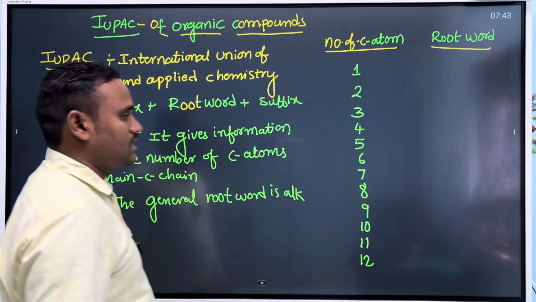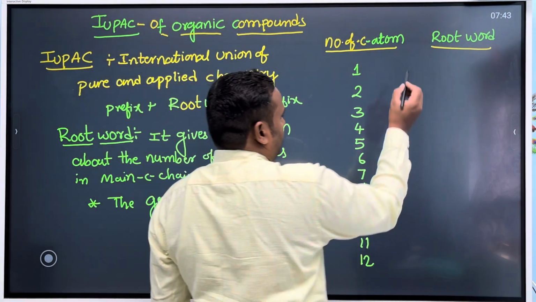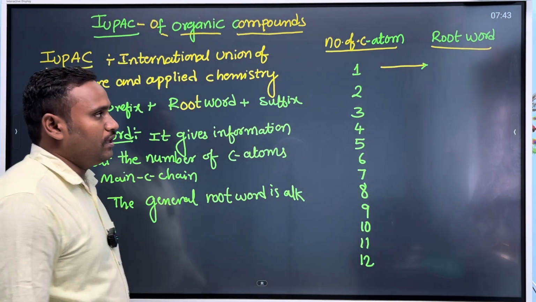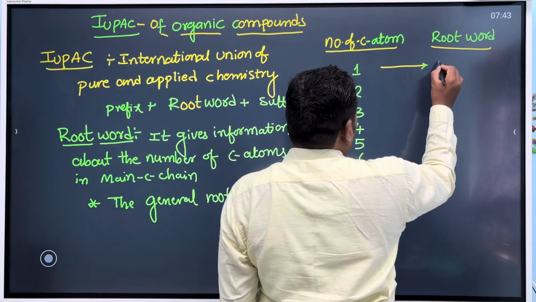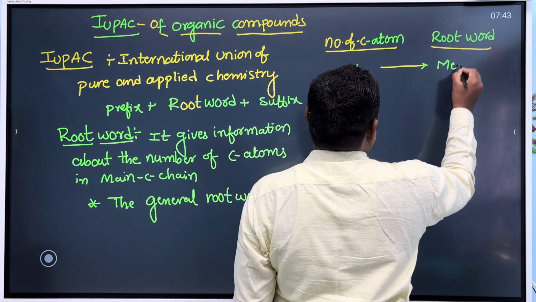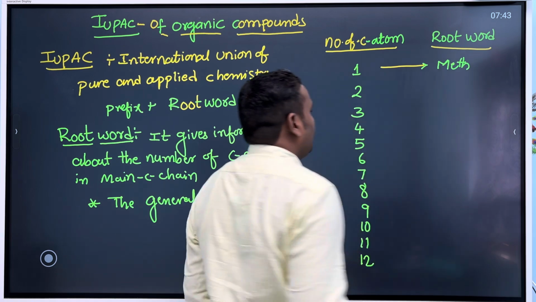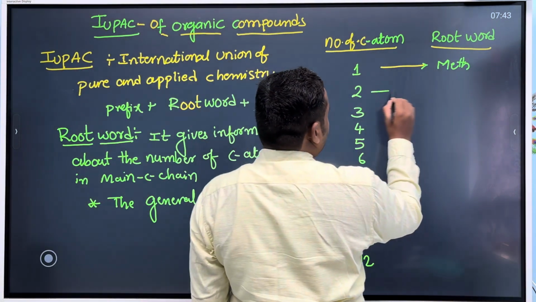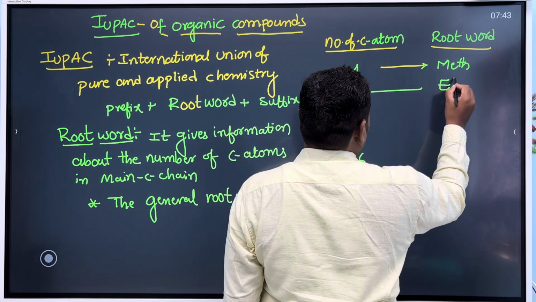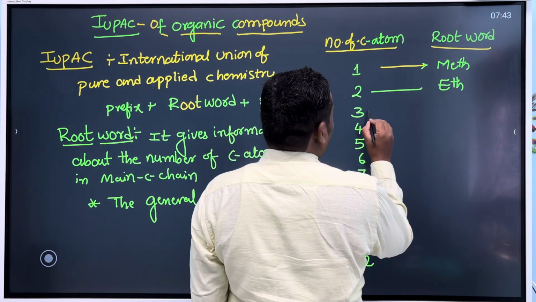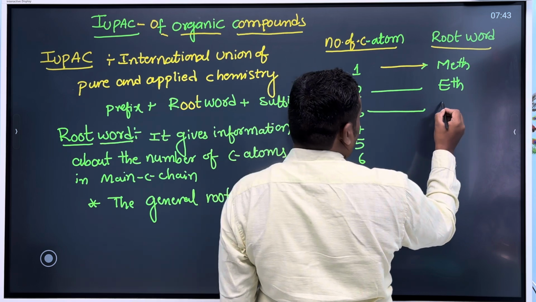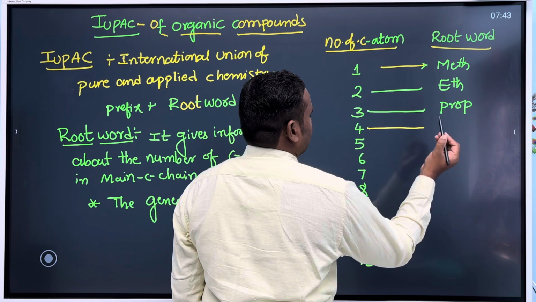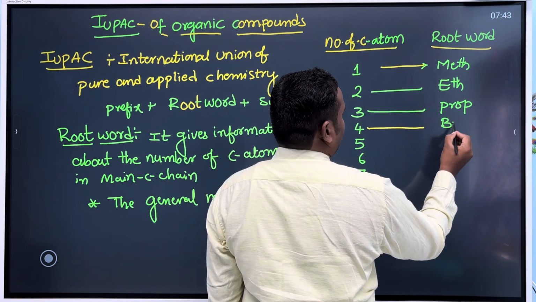If only one carbon is present in the longest carbon chain, what is the root word we use? We use the root word meth. If two carbons are there, we use eth. If three carbon atoms are there, we use prop. If four carbon atoms are present, we use but.